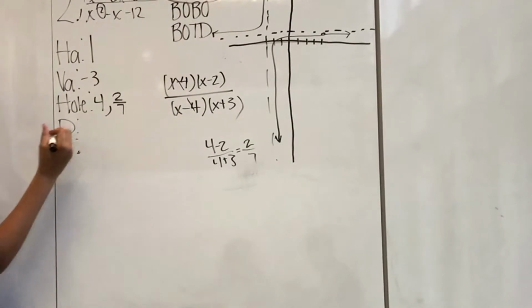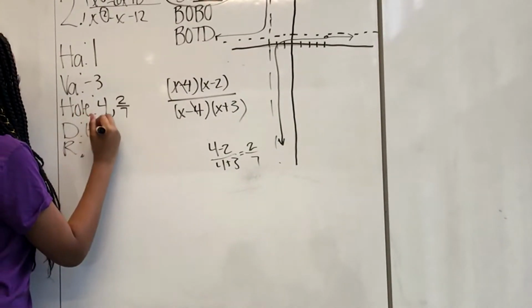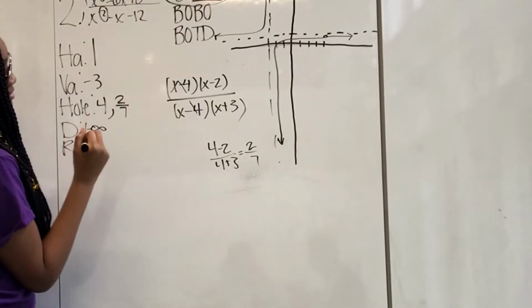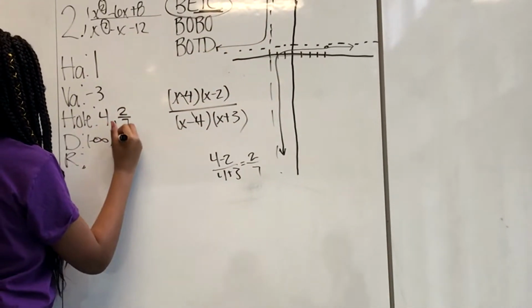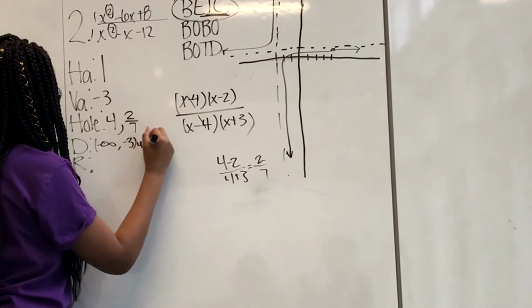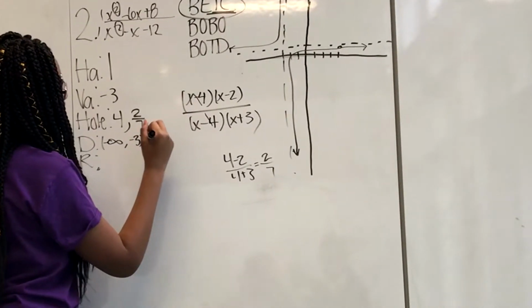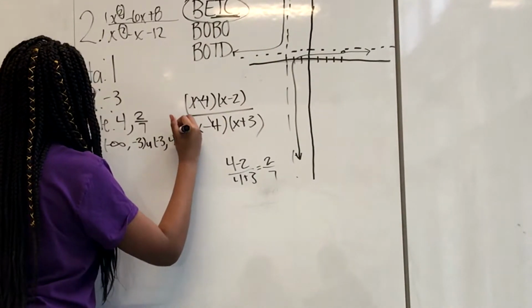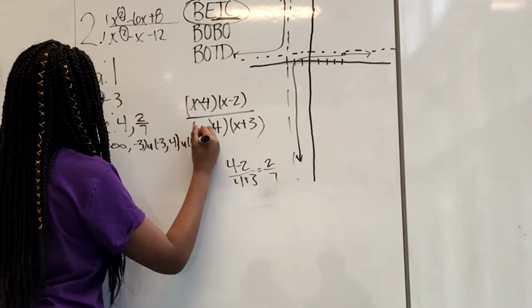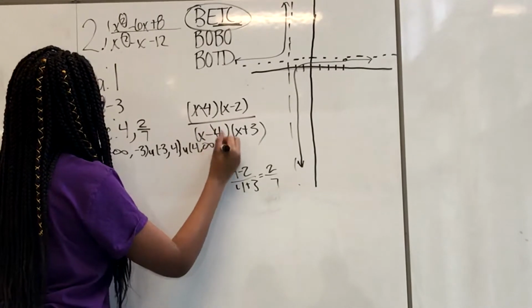So the domain will be negative infinity to the vertical asymptote at negative 3, union negative 3 to the hole at 4, union 4 to infinity and beyond.